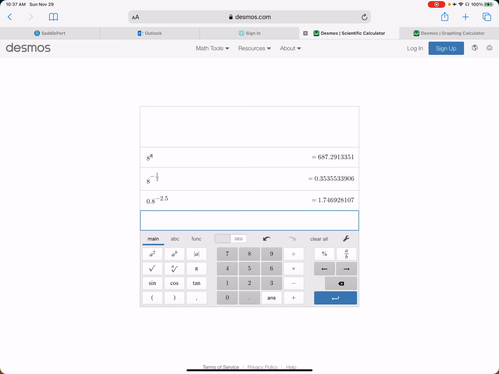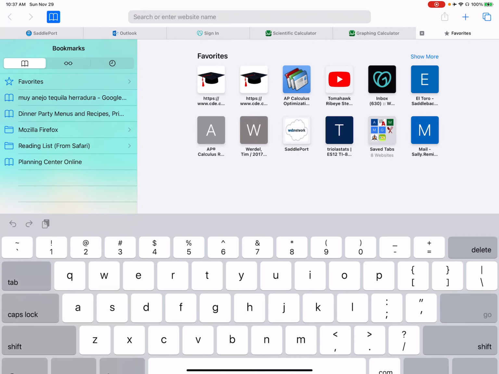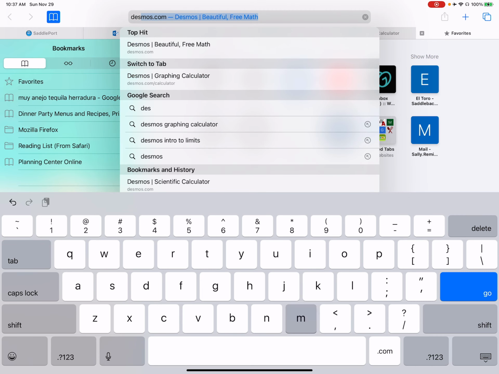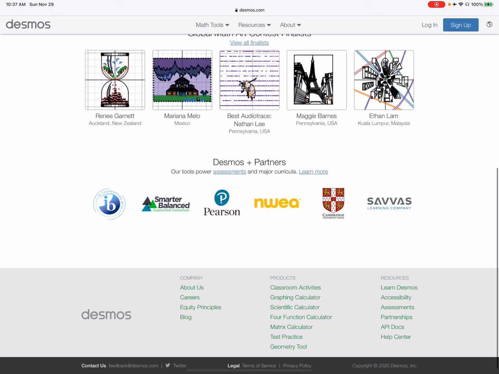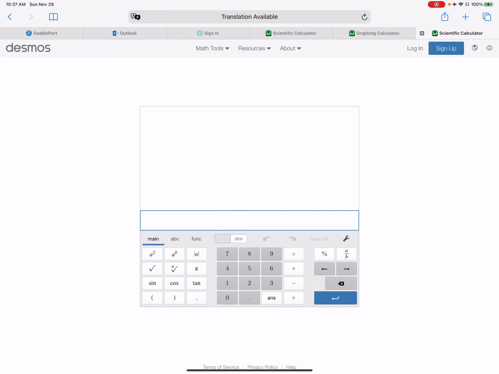I just went to Desmos, and in Desmos there is a scientific calculator. If I add a new one and scroll up at the bottom, products, graphing calculator, scientific calculator. So you can go to the scientific calculator, and then you are evaluating 8, and then you hit a to the b, and there is the pi symbol, and you hit enter. To 3 decimals, 687.291.